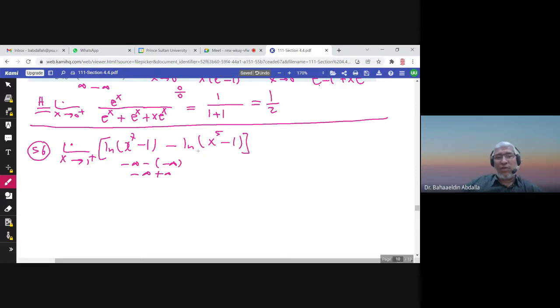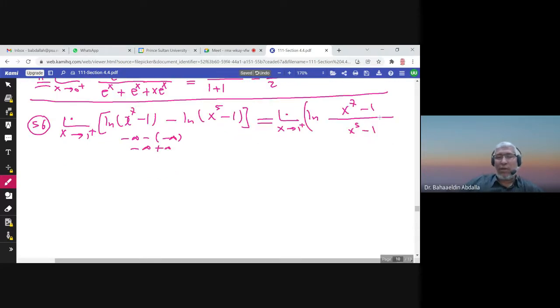What to do here? Well, with these kinds of problems, I can use the property of ln to write ln A minus ln B as ln A over B. I can do it like this.